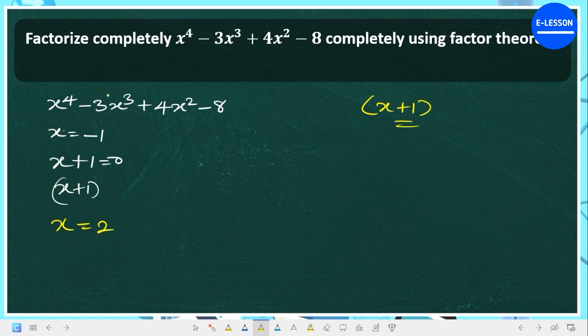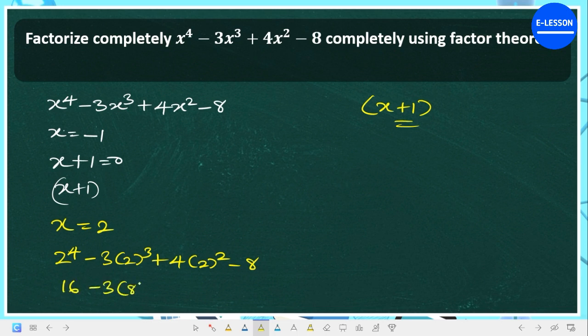So trying x is equal to 2, what is it going to give to us? 2 raised to the power of 4, minus 3 bracket 2 raised to the power of 3, plus 4 bracket 2 raised to the power of 2, minus 8. This will be 2 raised to the power of 4 is 16, minus 3 bracket 8, plus 4 times 2 squared, which is 4, minus 8.